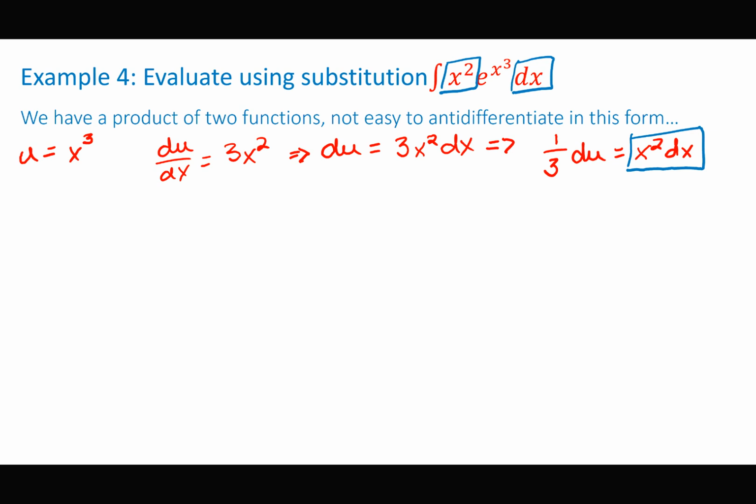So I'm going to rewrite my integral. Instead of saying e raised to the x cubed, I'm going to say that's e to the u. And instead of saying x squared dx, I'm going to say that's 1/3 du.